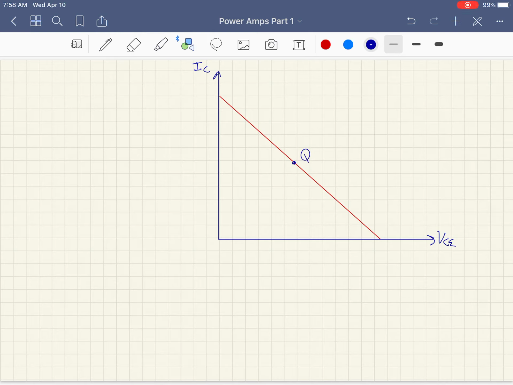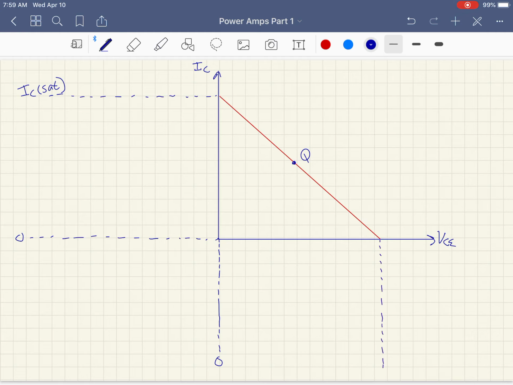And what I'm going to do is draw some line extensions here, some dashed lines. Okay, this is IC sat, saturation current. This is 0 current on the IC axis. I'm going to draw a dashed line extension here. This is 0 volts when it comes to VCE.